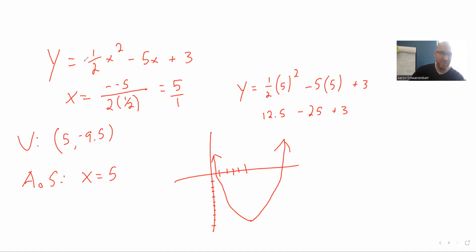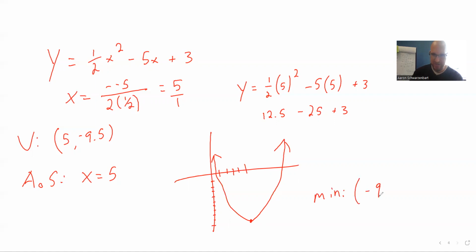If a is positive, it opens up. If a is negative, that's a downward opening parabola. I know that this has a minimum value. I can use this to find the minimum by simply finding the vertex. The minimum is the y coordinate of the vertex.